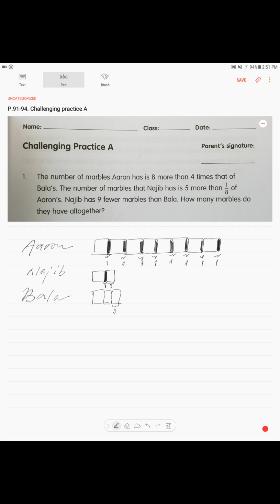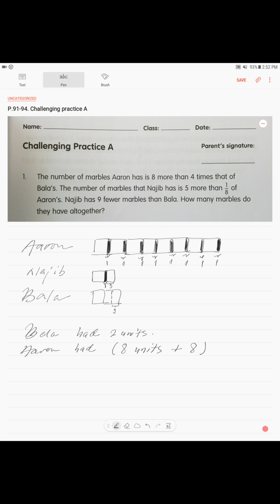Now we can see from our model, let's write it down again with words so it's going to be clear. So Bala had 2 units. Now Aaron had what? He had 8 units, 4 times more than Bala, plus 8.